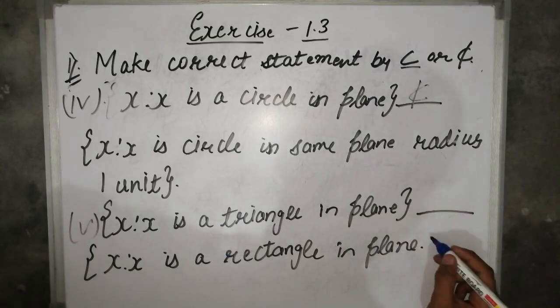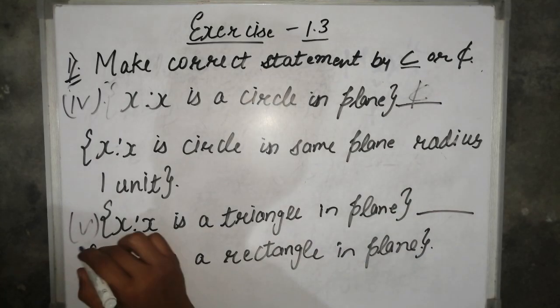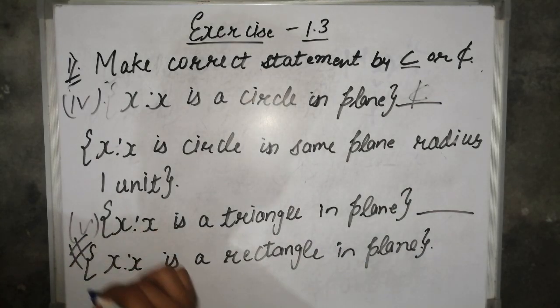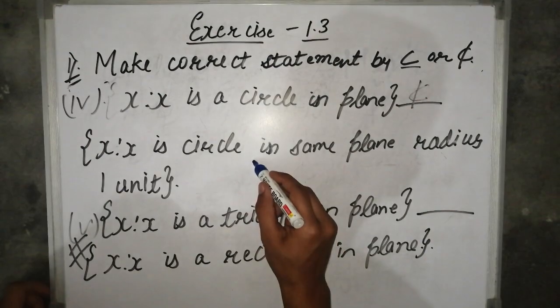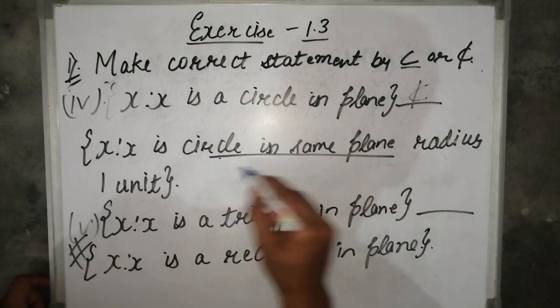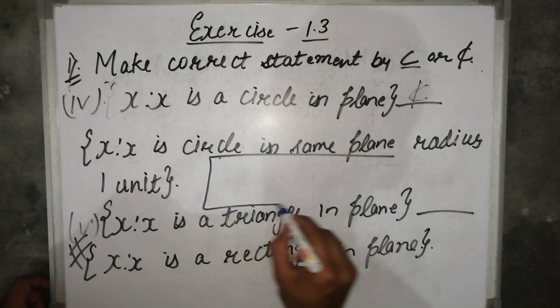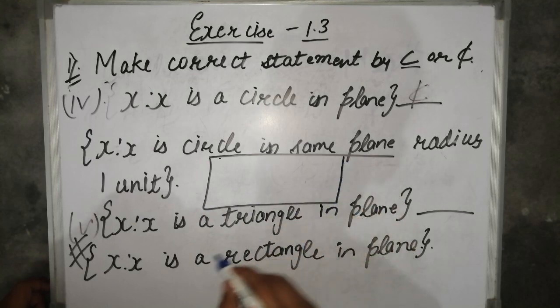Think upon it. This is one of the most important questions which comes in the board exams. I'm marking this with a hash. Now see here, I'm making the figure. Consider this as a triangle.